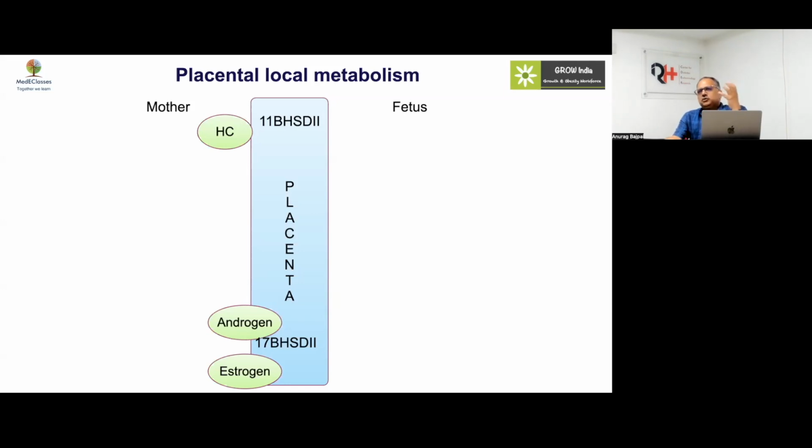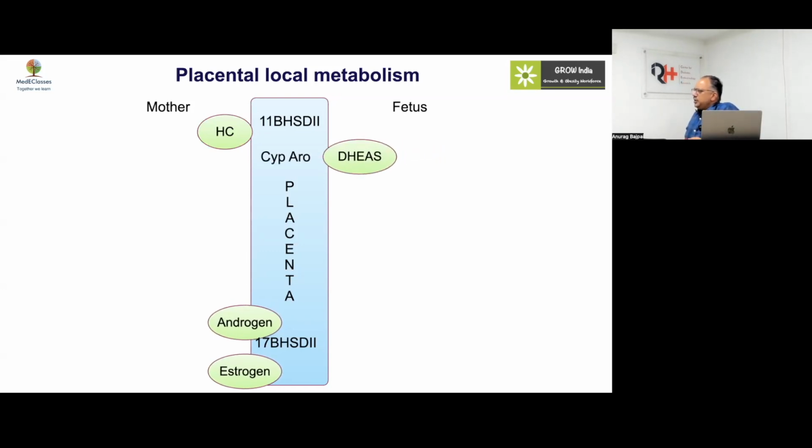It is too much. So once levels go above 1000, 1100, it will overwhelm the capacity of 11 beta HSD. Same here with the androgens: if they are in huge amounts and the mother is really virilized, you will overwhelm the capacity of 17 beta HSD2 and the baby will get virilized.